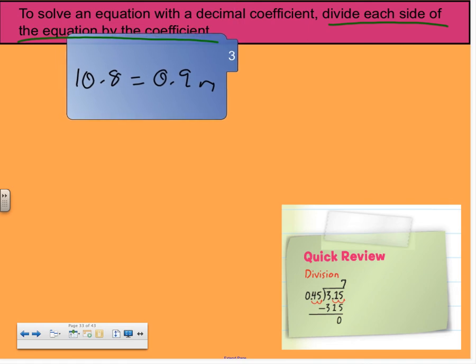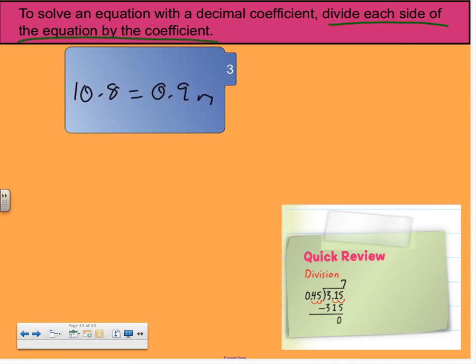Here's the example right here. I have 10.8 equals 0.9n. What is my coefficient in this problem? 0.9 is correct. Good job, Lay. So remember what it said to do. Divide each side of the equation by the coefficient.